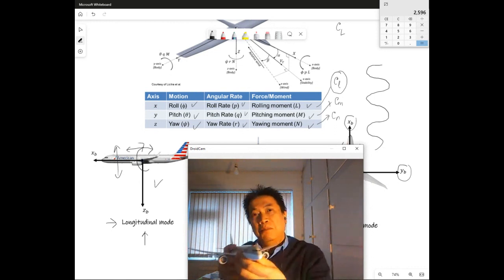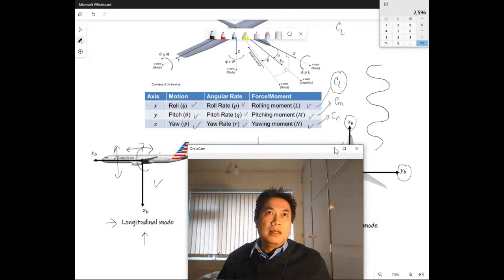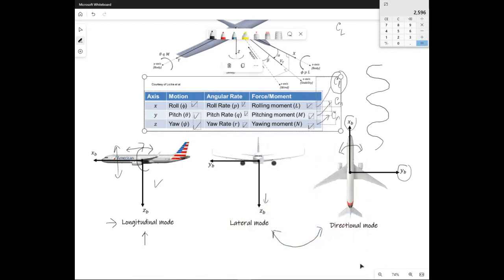So that's why I said in some books or in some literature they couple them together rather than talking about them separately, because you can't simply separate them one by one. When we talk about the lateral mode, by default it also affects the directional mode, and if you talk about the directional mode, then it also affects the lateral mode.